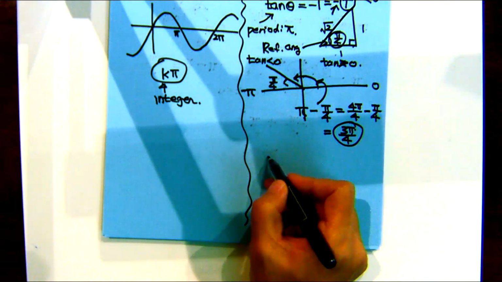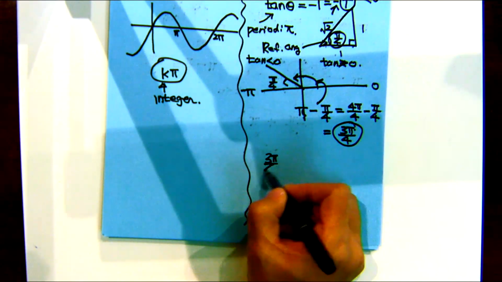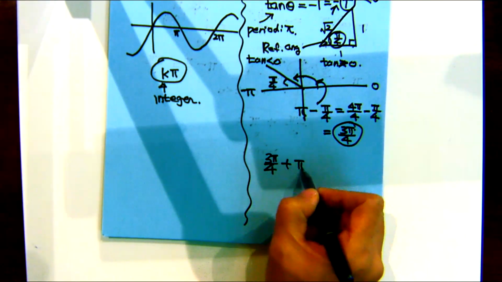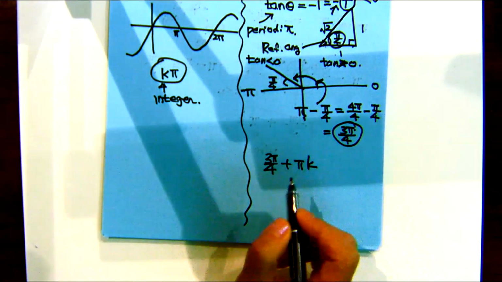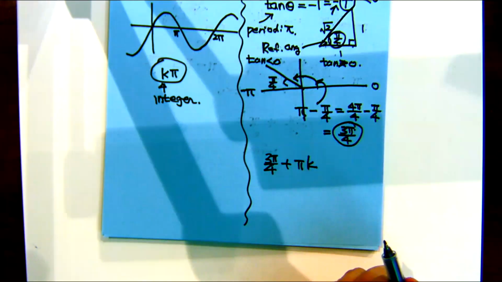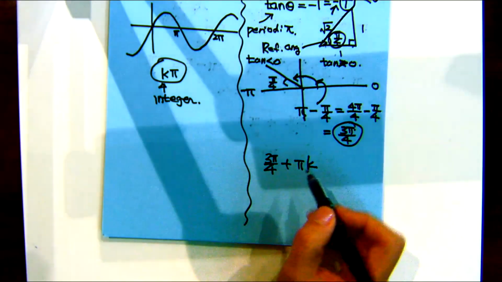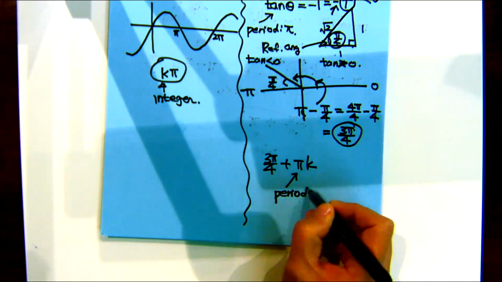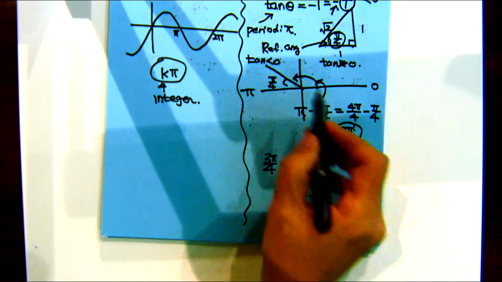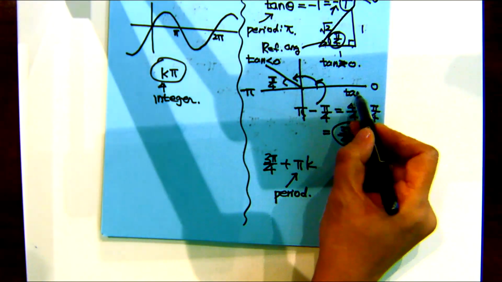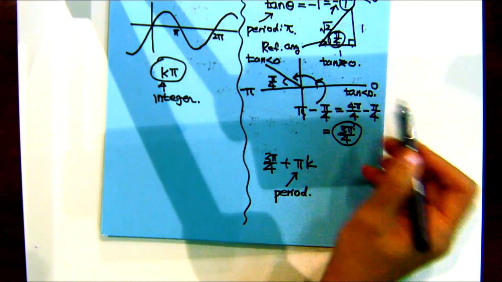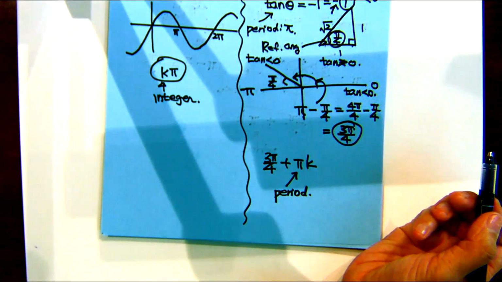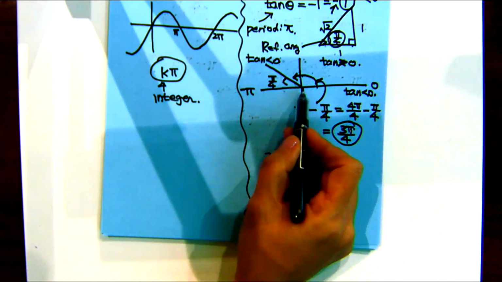So what can we say about this? 3 pi over 4 plus pi times k, right? Because period is pi. So again, tangent is negative in the fourth quadrant when we look at the entire quadrant.